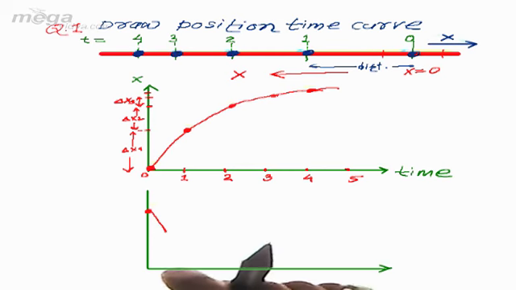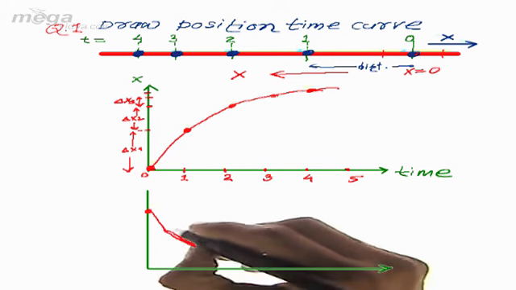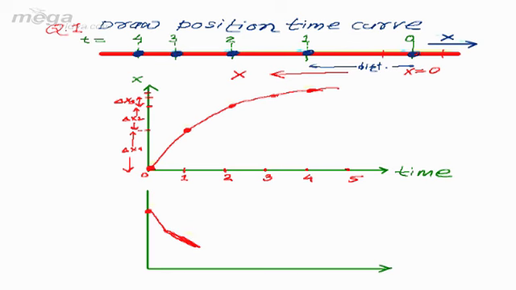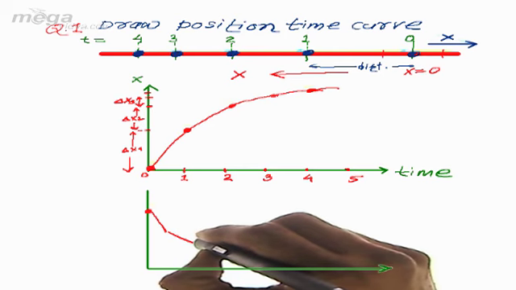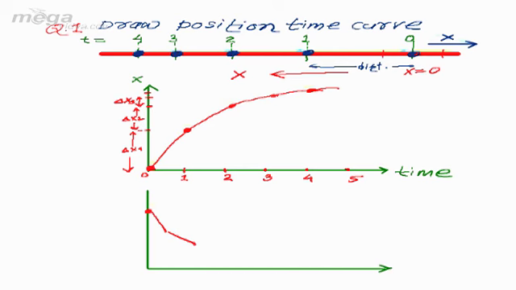Slope is more because change in position is more. If we talk about the next time, 1 to 2 seconds, then obviously the displacement during this second becomes a little less. So you can draw this curve with some less slope.